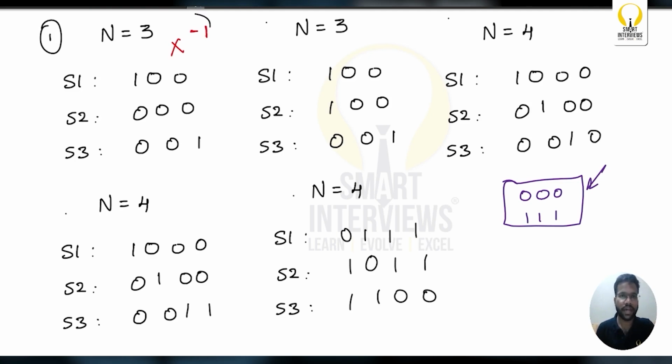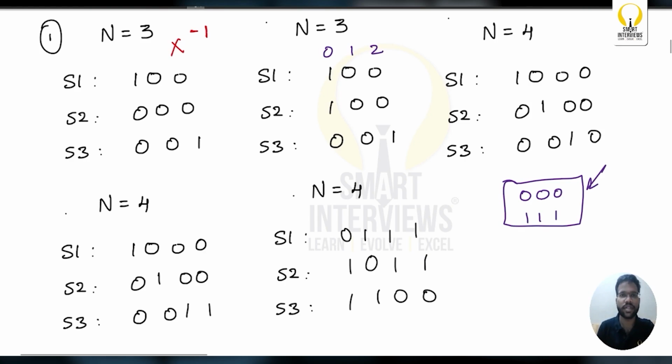We'll understand why it is impossible once we see this test case. But is this one possible? Yes, it is possible. But how can I make the strings identical, and that too with the minimum number of operations? Let me write the indices here: 0, 1, 2.